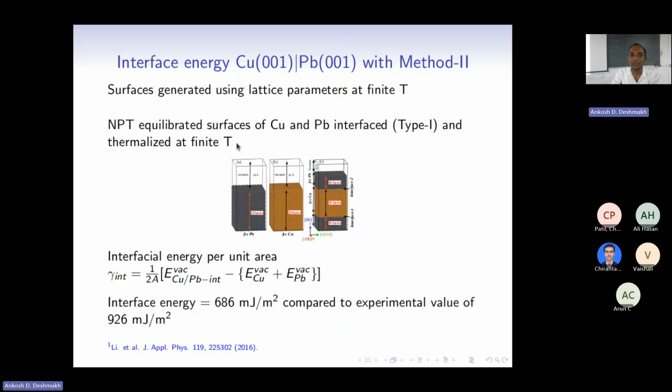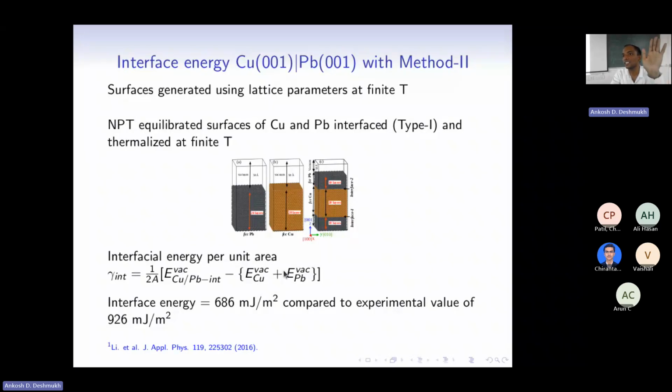In methodology 2, we have non-periodic simulation cells from which the interface is generated, and we calculate the interface energy based on this interface structure. Here E interface is the total energy of the interface system, and the individual E vacuum, E Pb and E copper are the total energies of those systems, but at finite temperature.